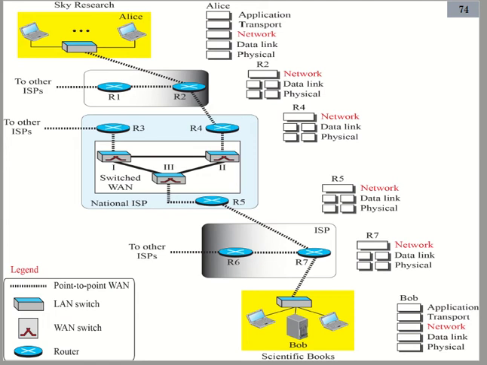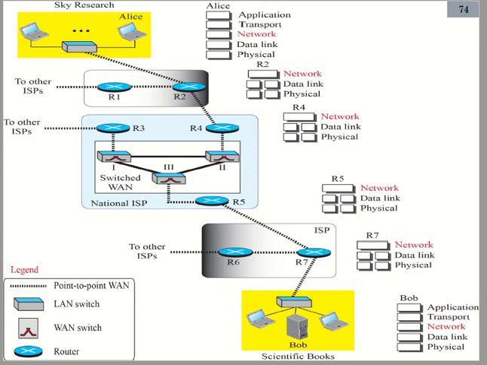At the source, Alice, the network layer takes the packet from the transport layer, encapsulates it in a datagram, and delivers it to the data link layer. The data link layer does the necessary operations, as we discussed in the previous chapter, and moves it to the physical layer.